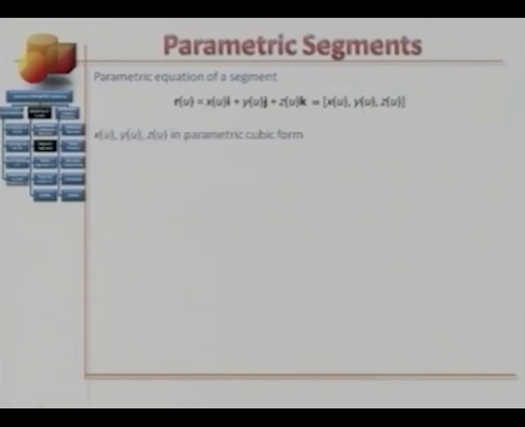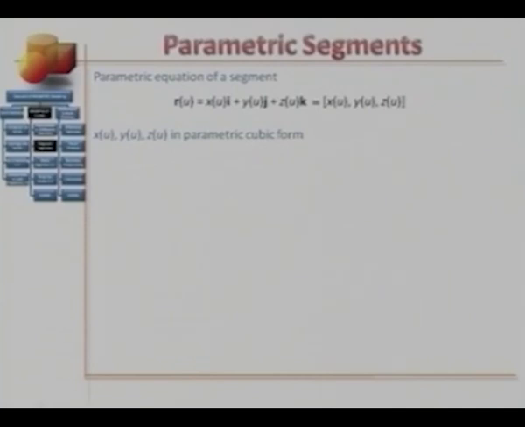We might want to think about modeling x of u, y of u, and z of u each in parametric cubic form. Again, cubic will be adequate enough for us because a cubic form would represent a linearly varying curvature.